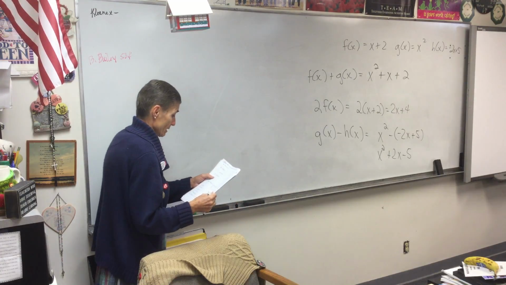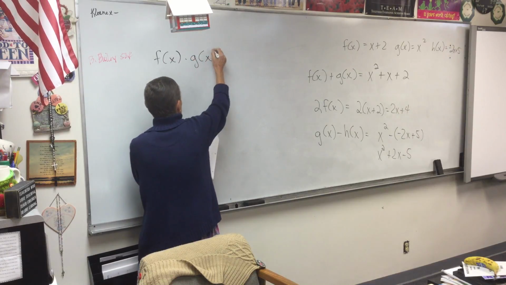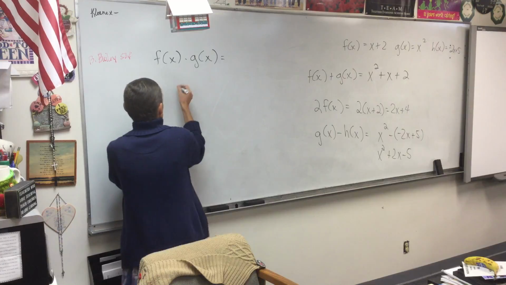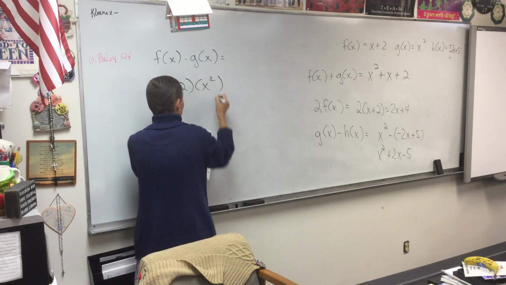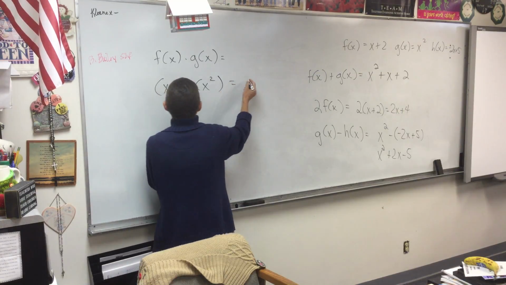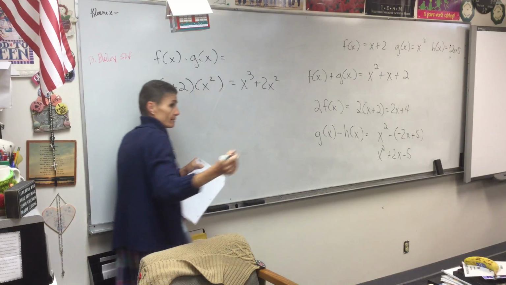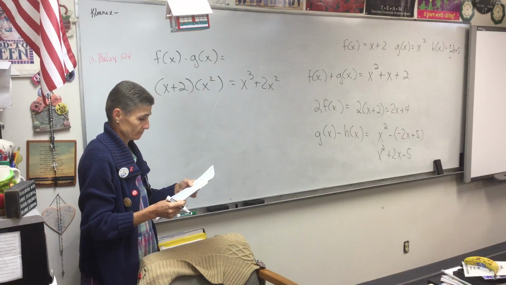Right? How about f of x times g of x? It's going to be x plus 2 times x squared. Distributing would be x cubed plus 2x squared, just like Geechee or somebody over here said. Good job, Geechee.